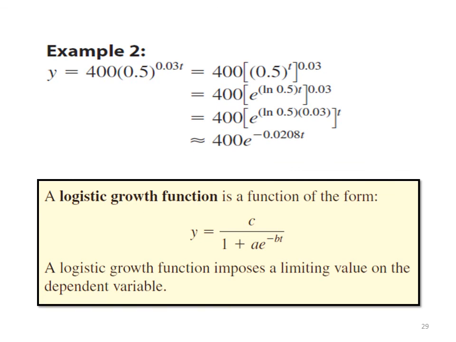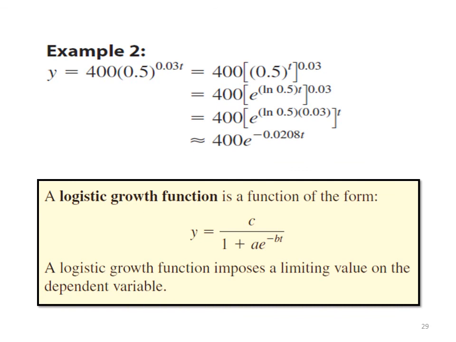Now bring 0.03 inside and take t outside. Again, when you multiply the outside and inside powers, you end up with the same expression. So you have e to the ln 0.5 times 0.03, and the t now is outside. And every time, when you think about it, when you multiply the outside and inside power, you get the expression that you had in the previous step.